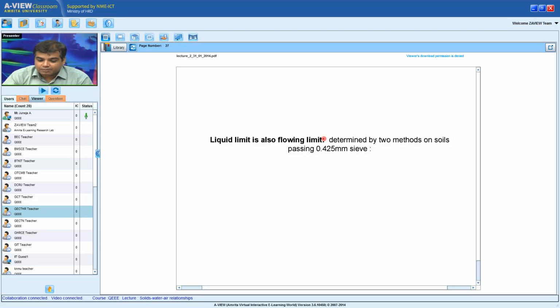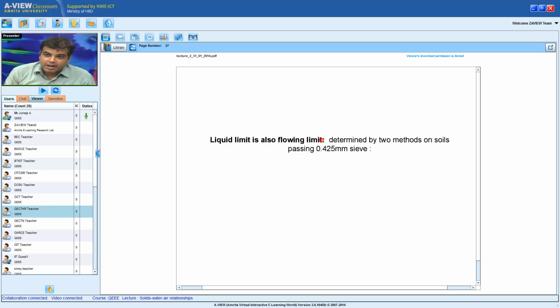If you have thought about it, I would like you to really examine this. Why would you use the 425 micron sieve to do the liquid limit? Your guess is as good as mine. I would say there is no justification for this. The only thing is, let's blame it on Atterberg. Atterberg probably did this test at that time using 425 micron, and he laid down standards.